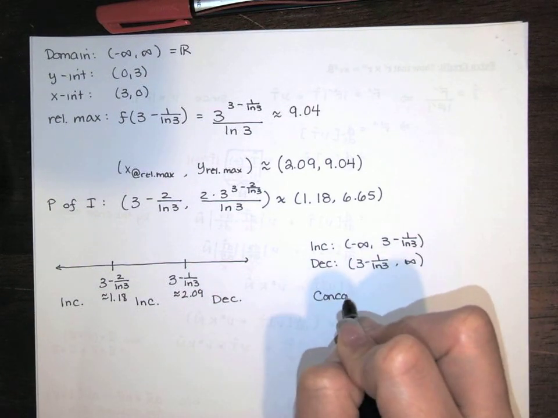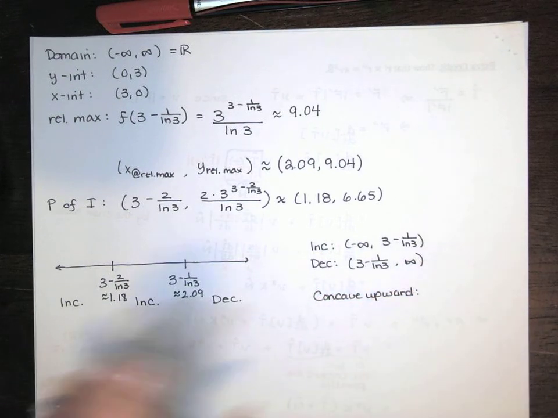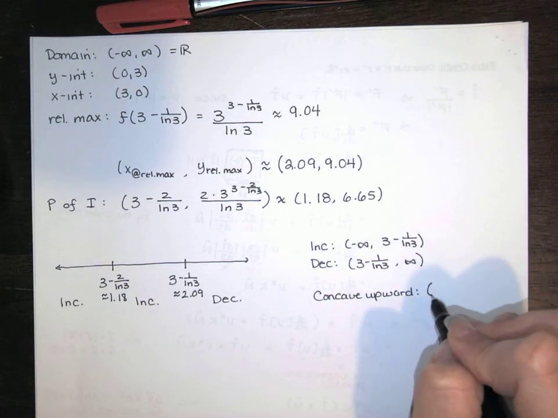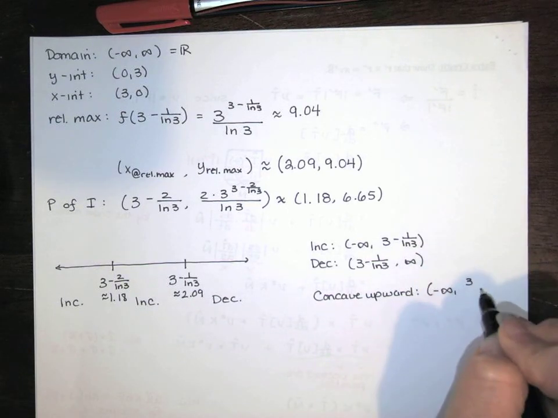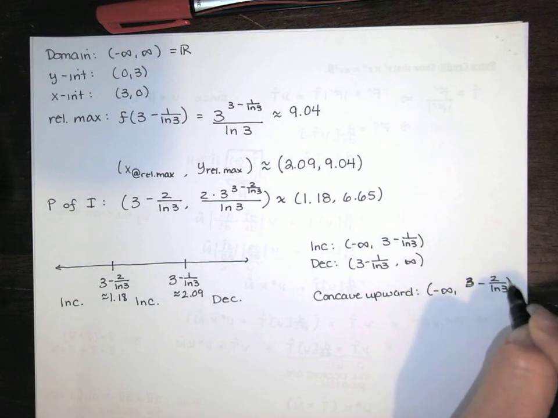Now the graph is concave upward on this interval. Whoops, negative infinity to 3 minus 2 over natural log of 3.